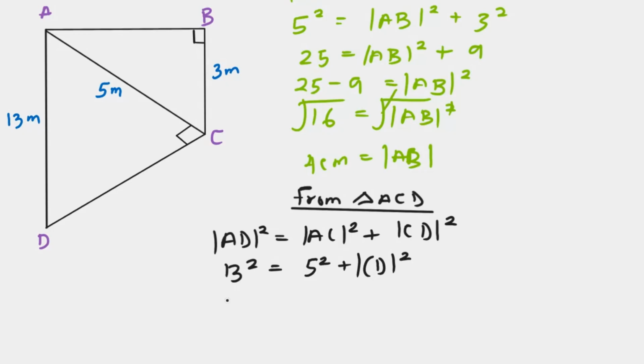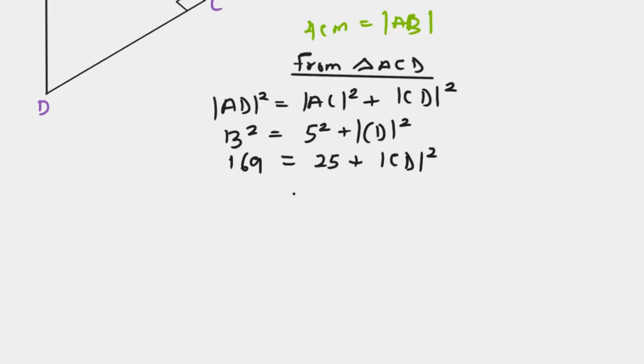So 13 squared is going to be 169. That is equal to 5 squared, which is 25, plus CD squared. Subtract 25 from both sides, or simply we take 25 to the side.